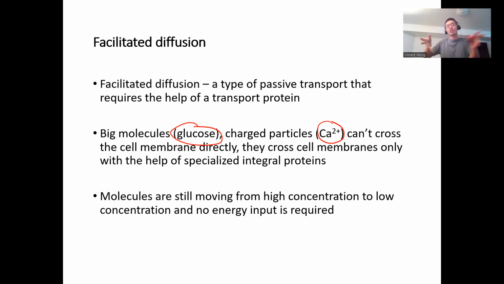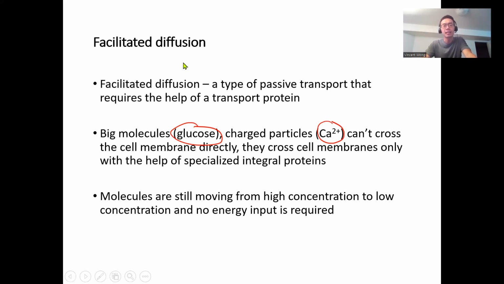Okay, if it's too big, it can't squeeze through the phospholipid, right? If it's charged, then the hydrophobic layer will block it. And so in these cases, the cell is going to need to use what's called facilitated diffusion.